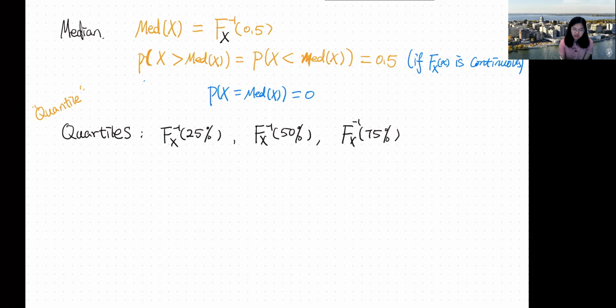So these 3 points are kind of special. They are evenly distributed. They split the population into 4 equal probability parts.